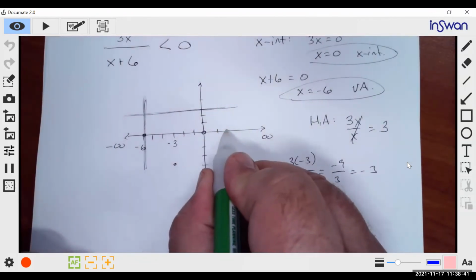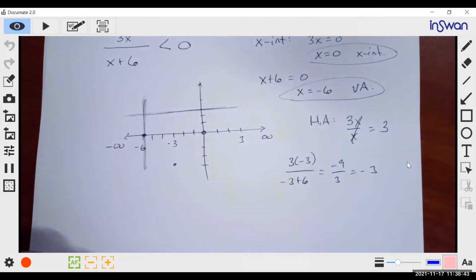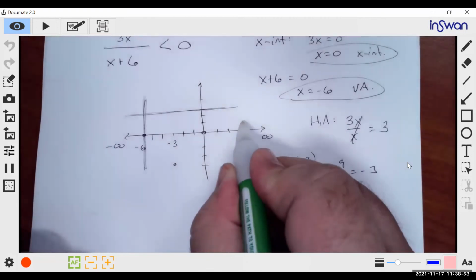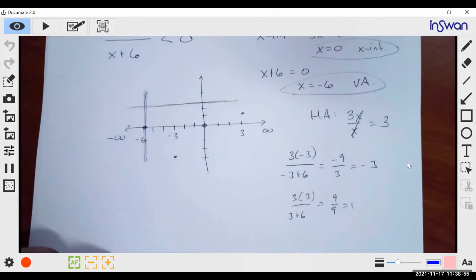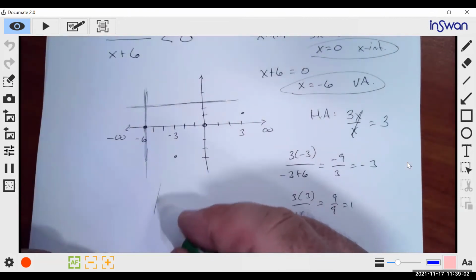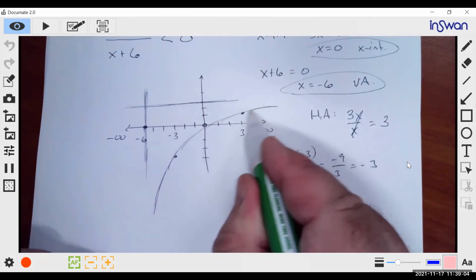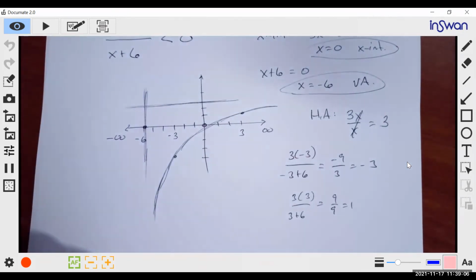If I put +3 in there, so 3 times 3 over 3 plus 6, 9 over 9 is 1. Since I know my asymptotes are there, the graph will look something like this on that side.